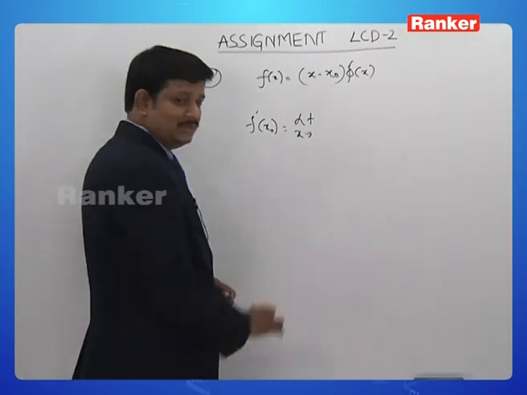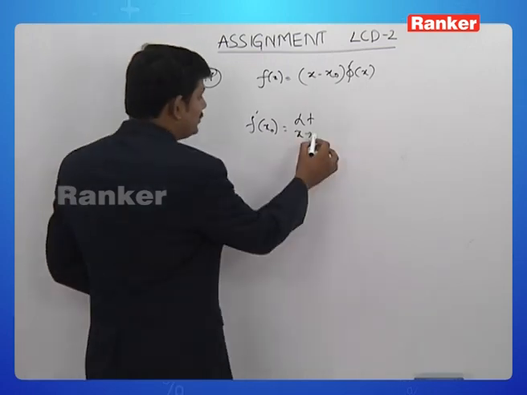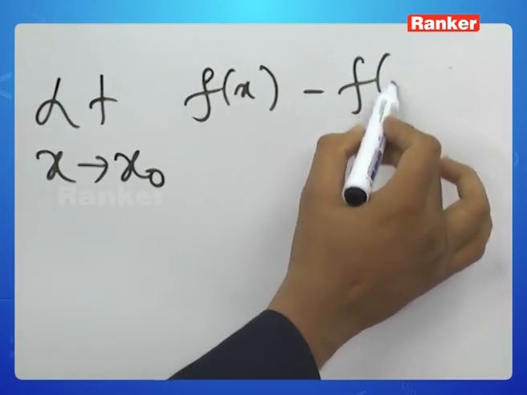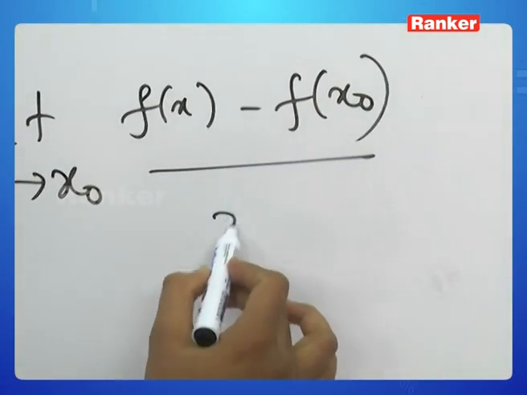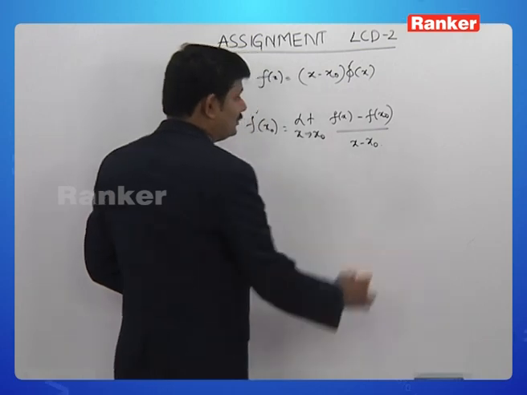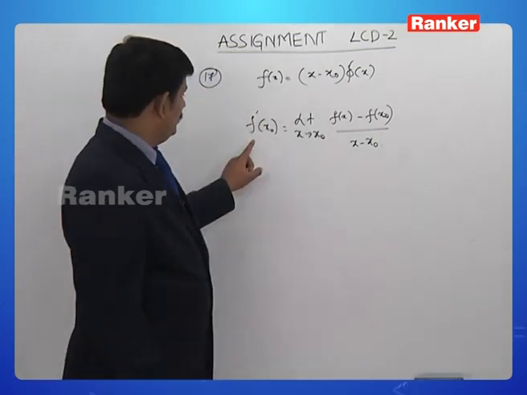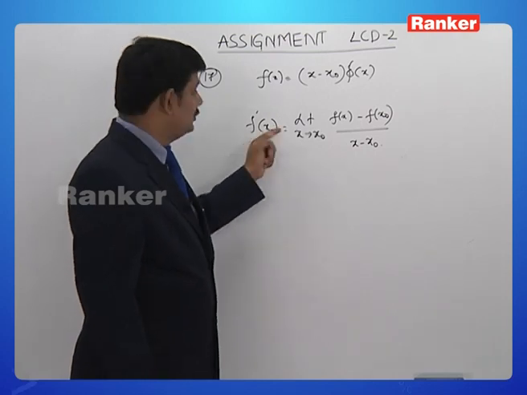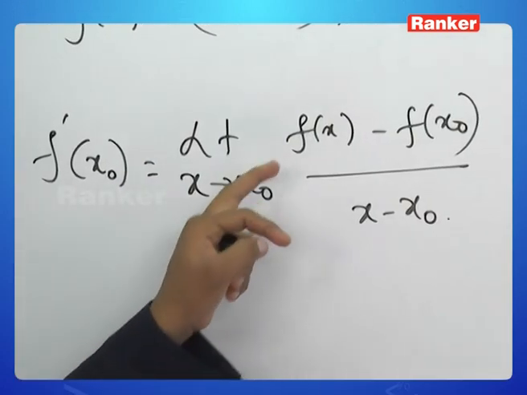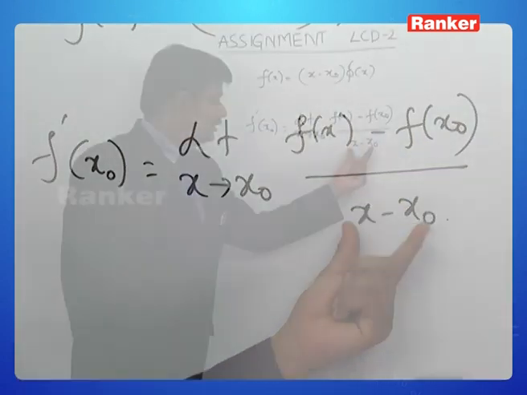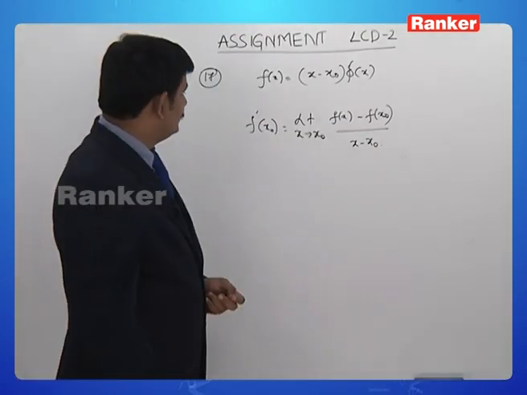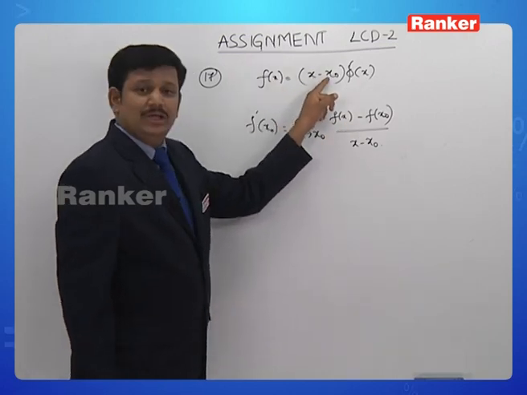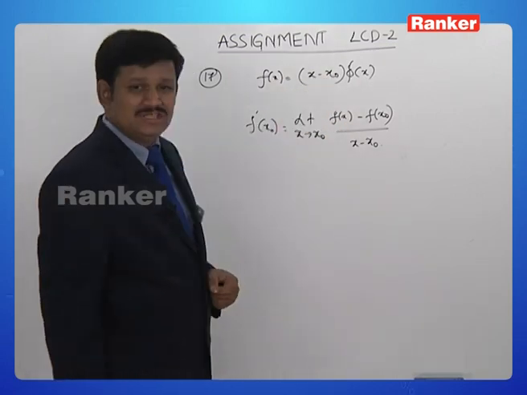So f dash of x naught is equal to the limit as x tends to x naught of f of x minus f of x naught divided by x minus x naught. Now, f of x naught is 0, since x naught minus x naught becomes 0.